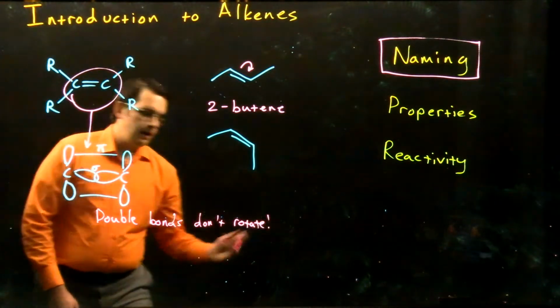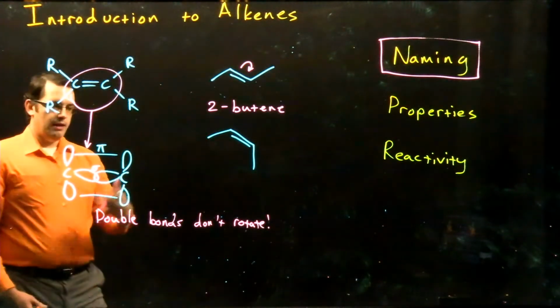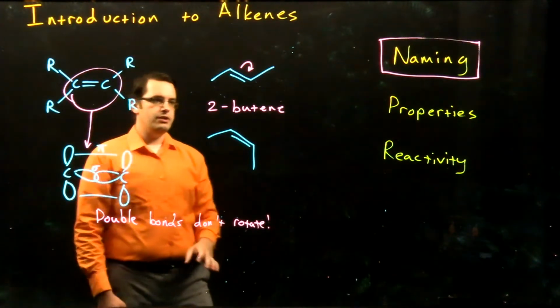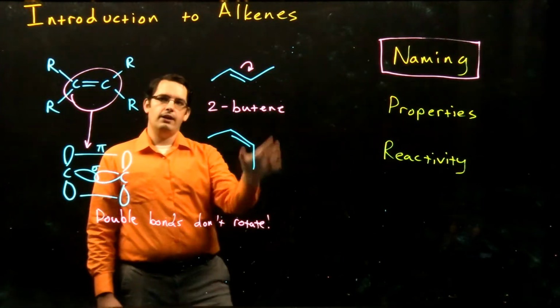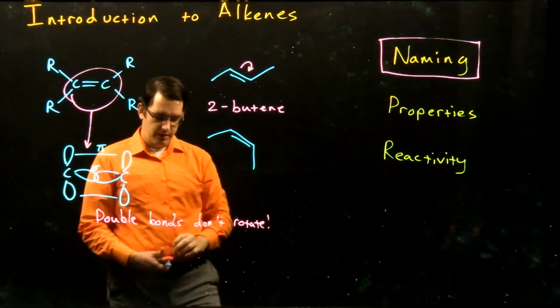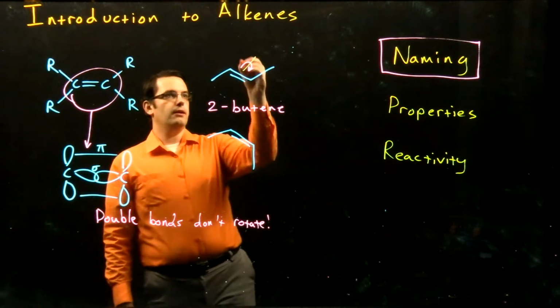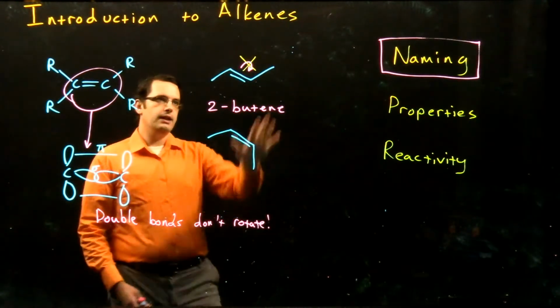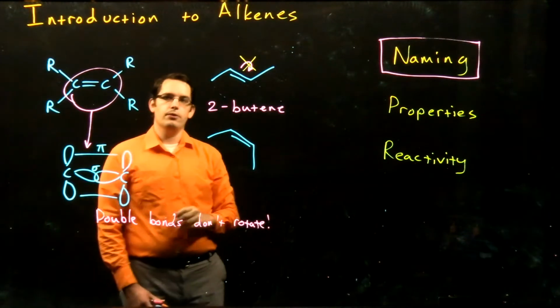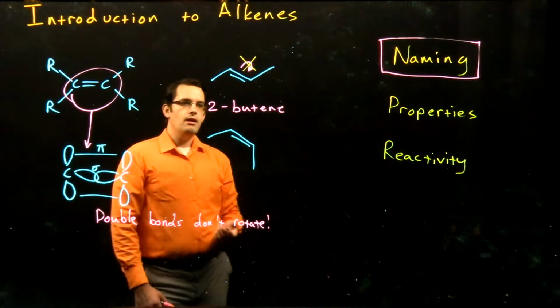If they were to rotate, they would have to break that pi bonding, which would cost a significant amount of energy. So under most conditions, these 2 different alkenes are unique molecules, right? We can't just rotate to convert between these. So I'll put a little X over this arrow to indicate that I can't do that rotation here to convert between these 2 butene molecules.